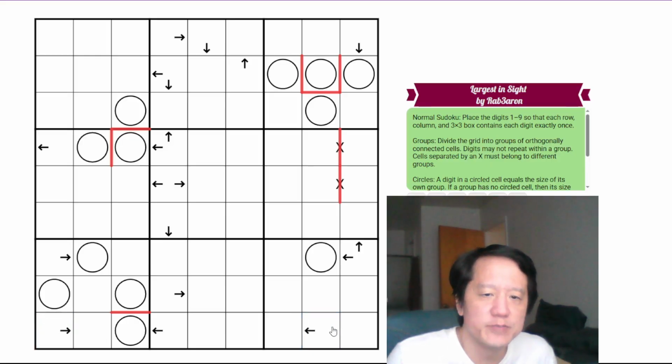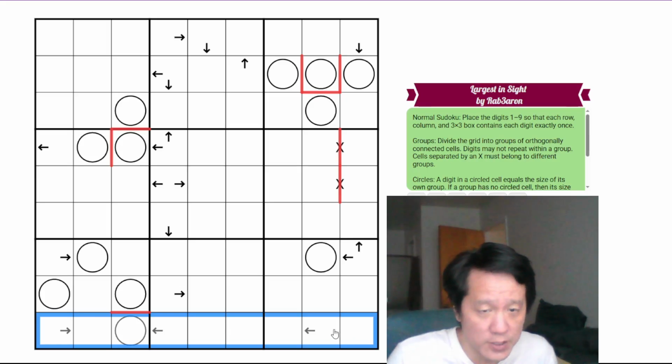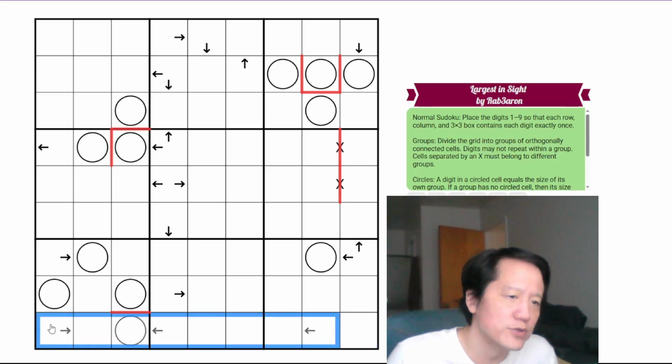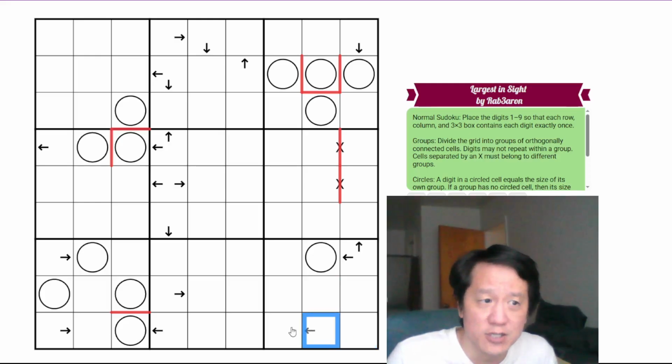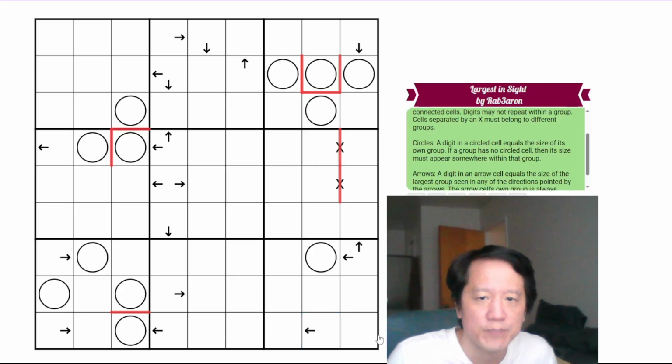This is basically saying the largest size of these groups must be here. So this is the largest size of all of these groups. It cannot be the same as that. So this must be the largest size of this region here, which means it's a different region than any of these, because otherwise these would be the same exact number, which is not allowed by normal Sudoku rules. So we know this is a boundary.